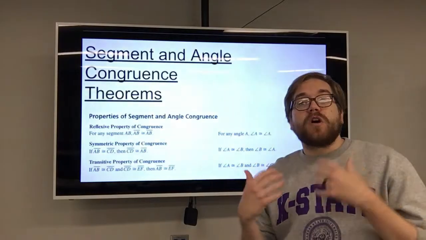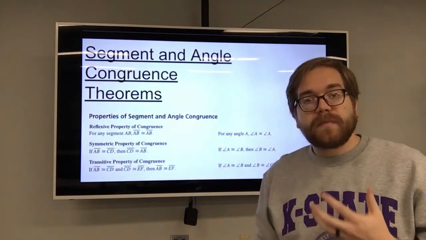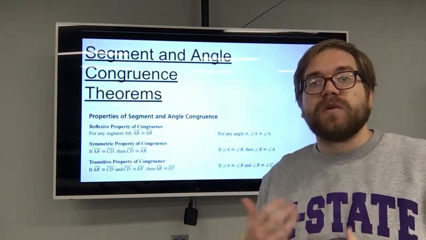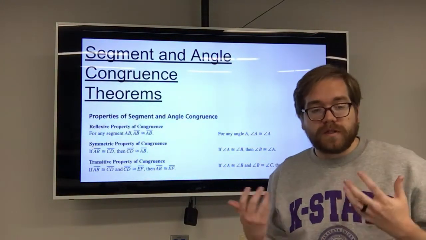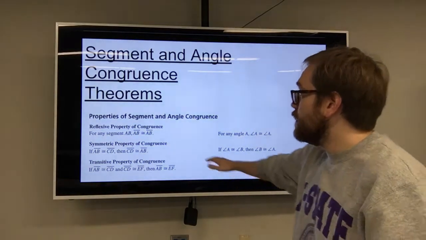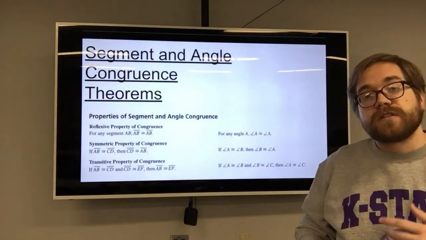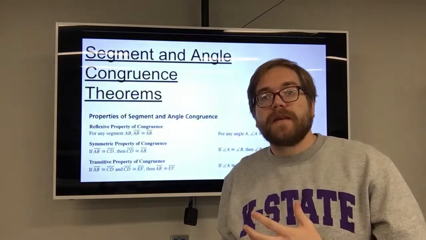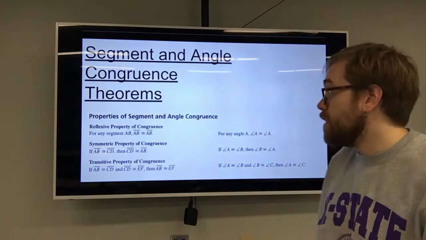And then in this unit, we'll also be looking at some segment and angle congruence theorems, which are really just based off of the definition of what it is for two segments or two angles to be congruent to each other. The reflexive, symmetric, and transitive properties of congruence are similar to the properties of equality, but we're talking specifically about congruence, meaning they have the same measurement.